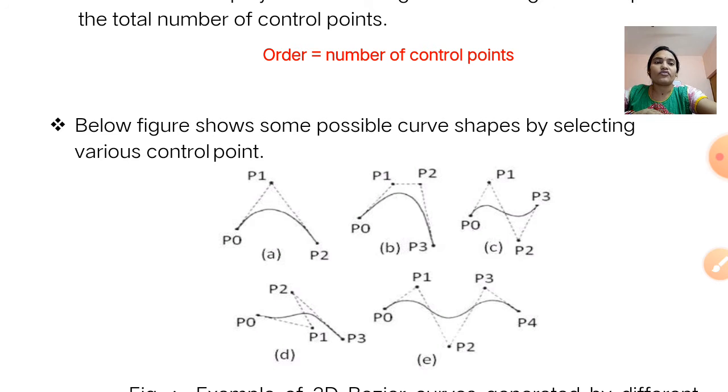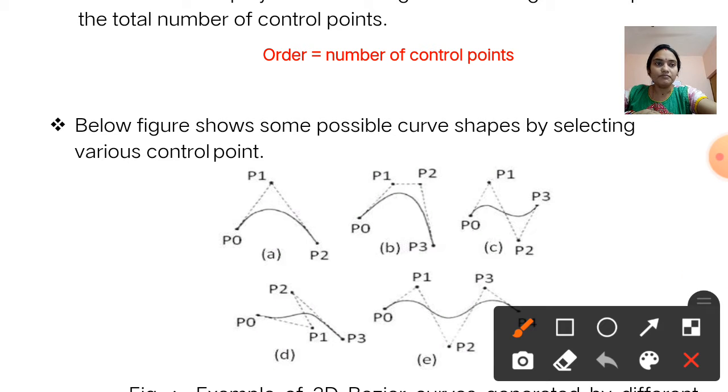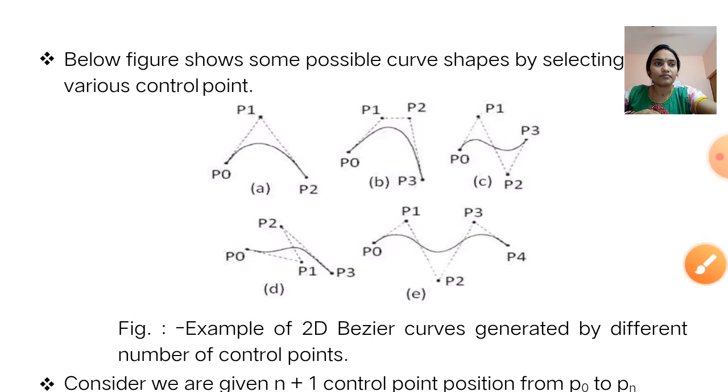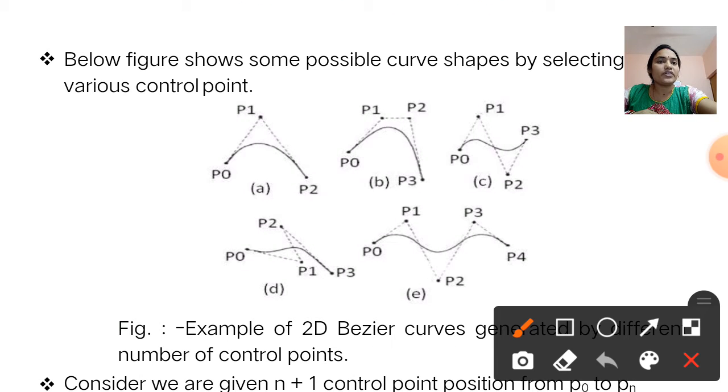In figure A, the control points are P0, P1 and P2. That means the number of control points is 3.